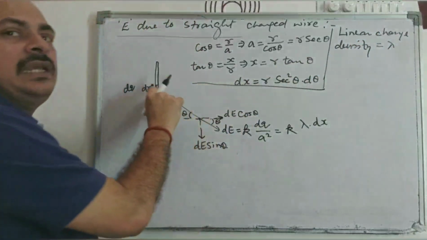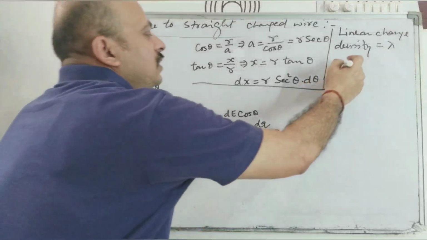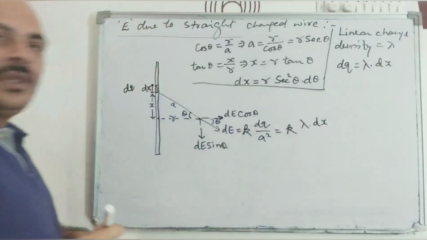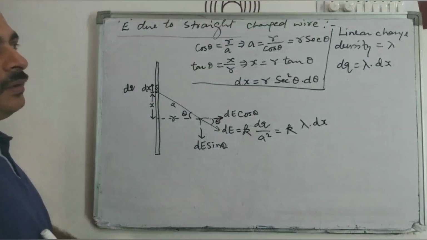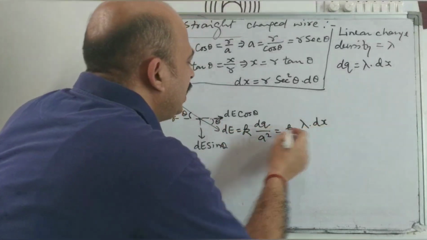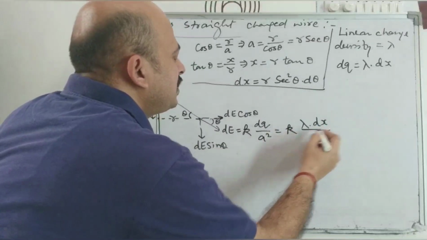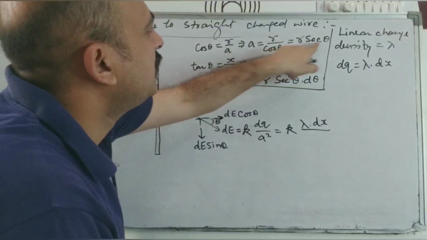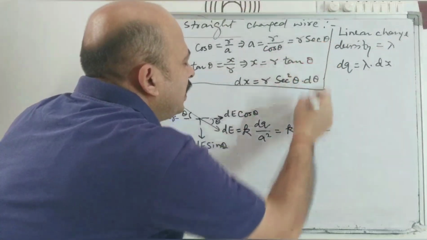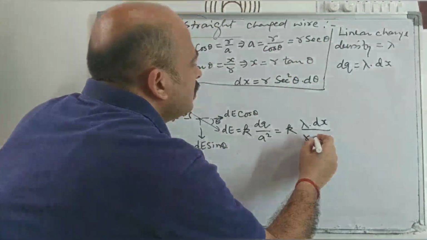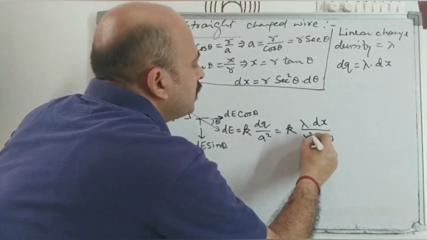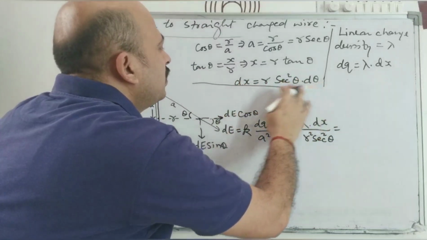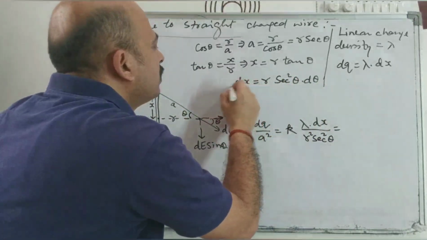Now for length dx, that dq charge will be equal to lambda into dx. So take that value of dq here, lambda into dx divided by a square. What is a here? r upon cos theta, or r sec theta. So that can be r sec theta whole square, so r square sec square theta. Take that value of dx and put it here.